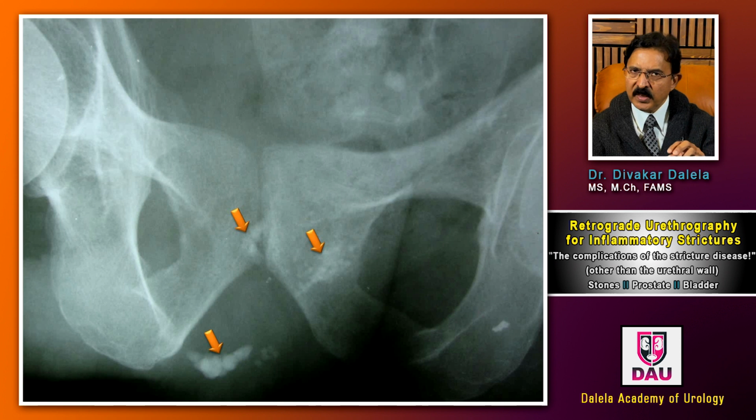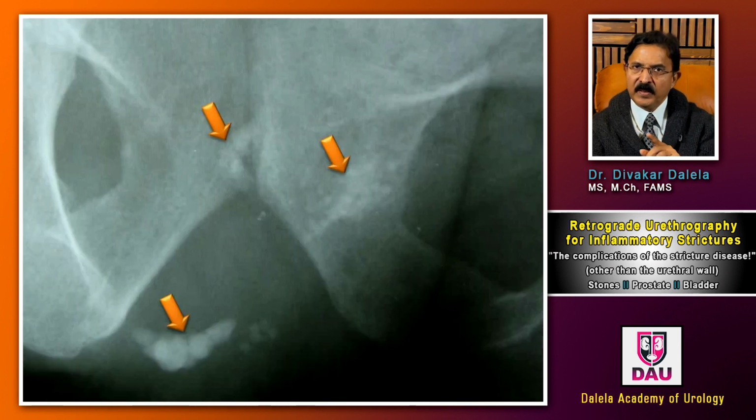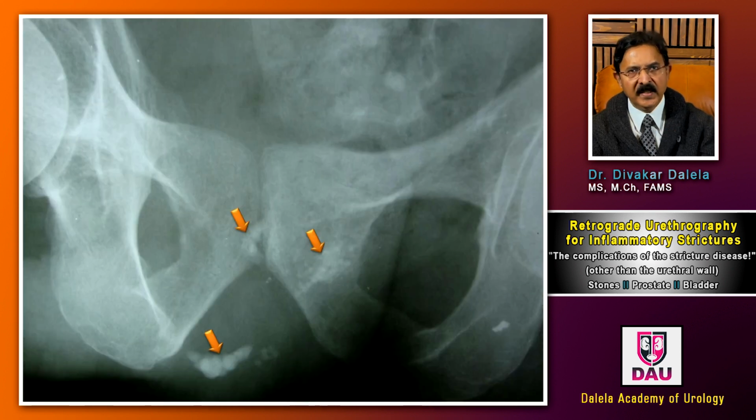So there are many stones in the bulbar urethra. And you will also see small sago grain kind of radiopaque shadows in the prostatic area. This patient is similar to the one I've shown you earlier. But the only difference is his stones are smaller in size in the prostate. Smaller grain-like stones descended into the bulbar urethra, and in the bulbar urethra they then grew a little more.